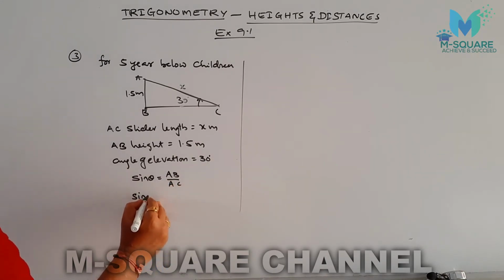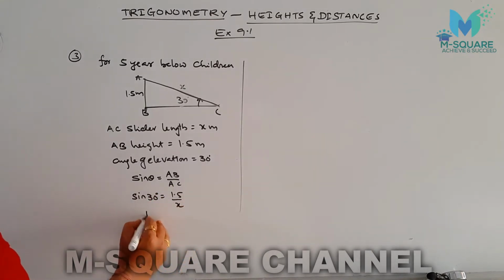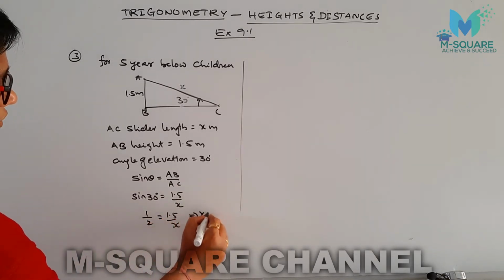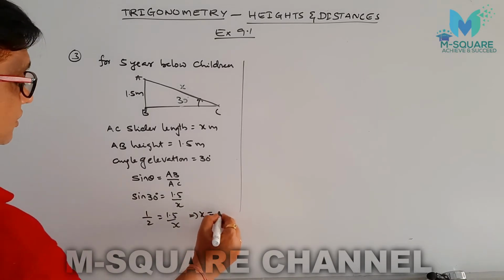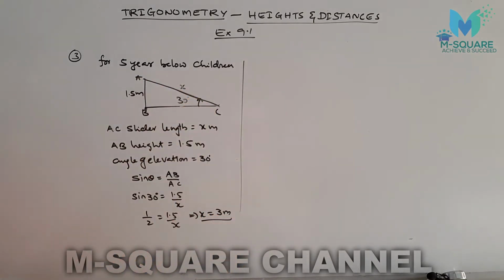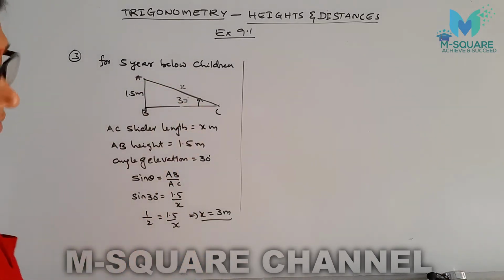Sin 30 degrees equals 1.5 by x, so 1 by 2 equals 1.5 by x. After transposing, 2 times 1.5 is 3.0, that is 3 meters. So for the slide for children below 5 years, the slide length is 3 meters.